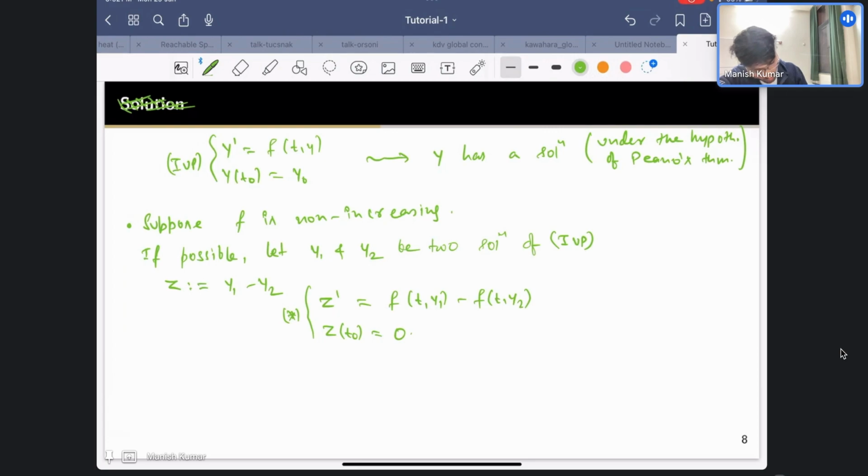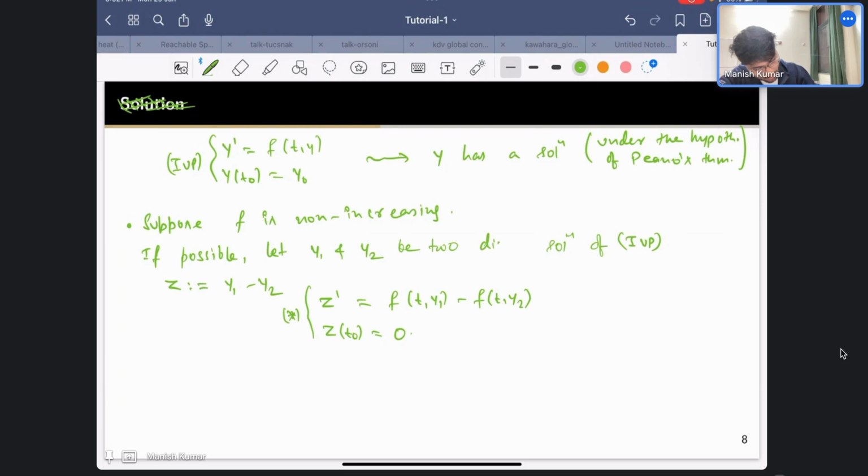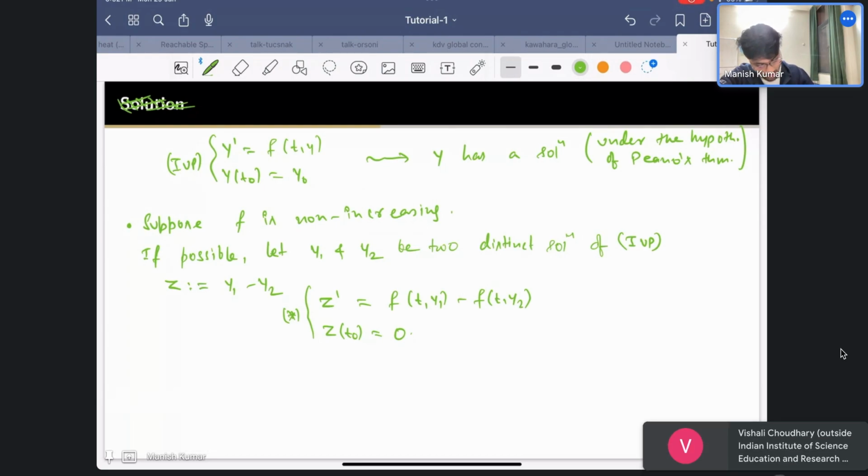What we'll do is, let us mention that they are two distinct solutions. That means y1 and y2 are not the same at all points. Suppose this is the interval I where the solution exists, in some interval around t naught.